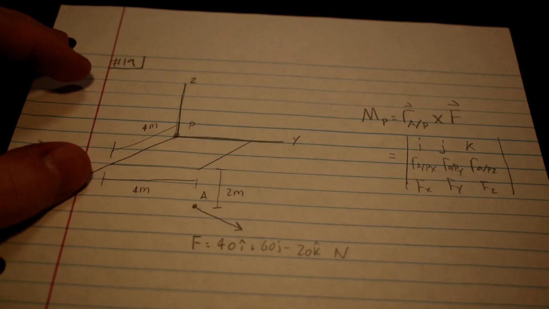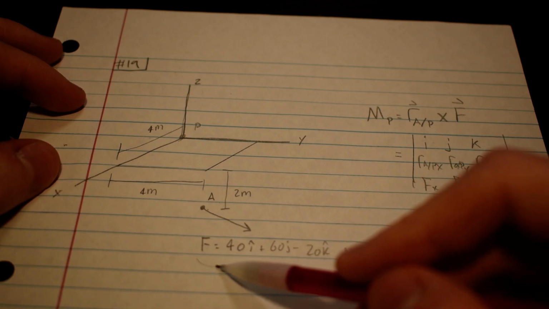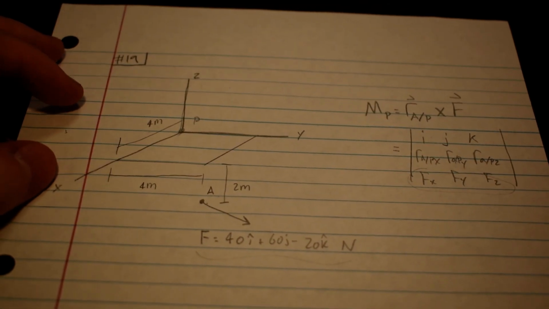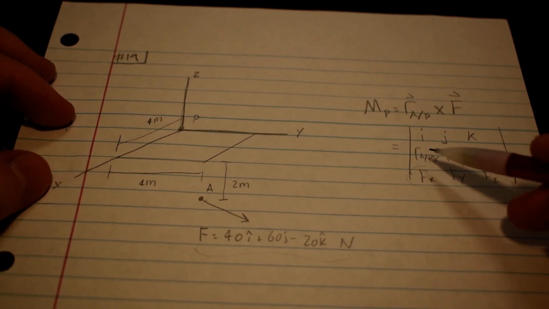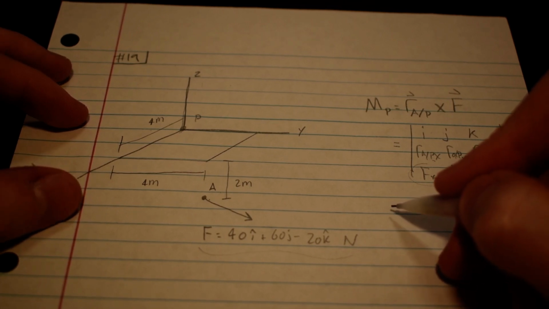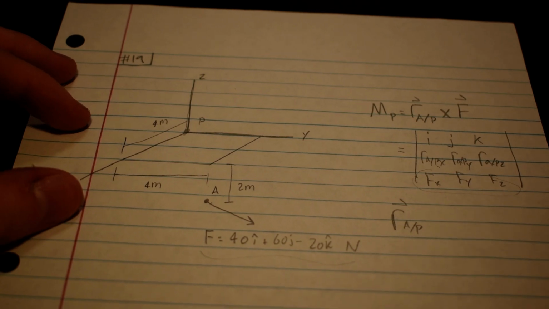So the first step of this problem is really just finding what those vectors are. The problem gave us the components of F, so we already know Fx, Fy, Fz. We really just have to find r_AP x, y, and z, and we can do that by inspection.